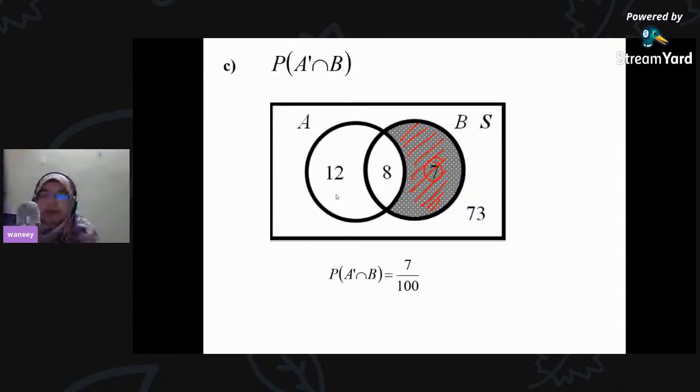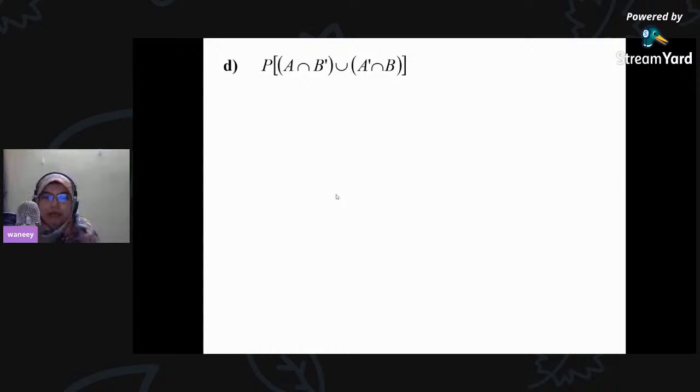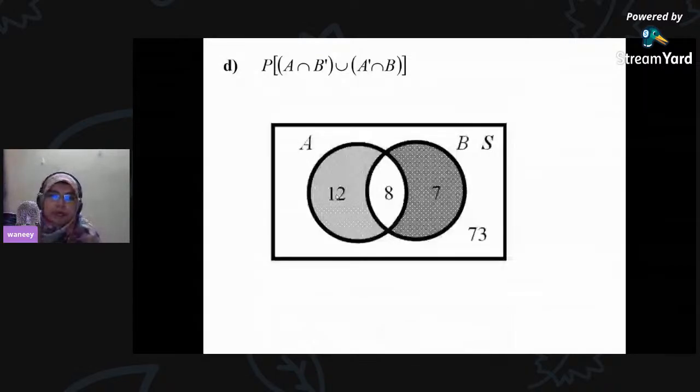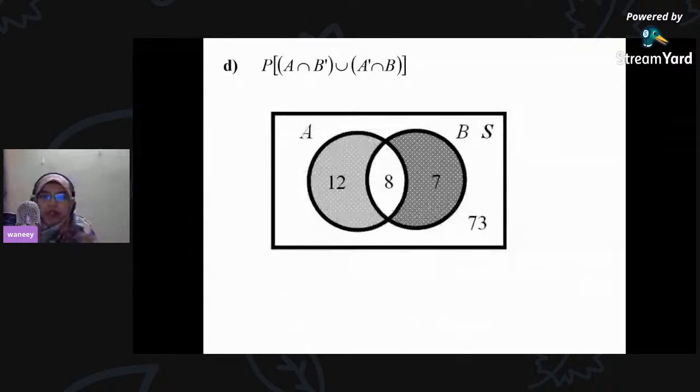Okay, next, D. Probability of A happen but B cannot happen, union with probability of B happen but A cannot happen. So kita hanya ambil bahagian yang dalam tu sajalah without A overlap with B. Okay, so we're gonna take the 12. So this is for probability of A overlap with B prime.